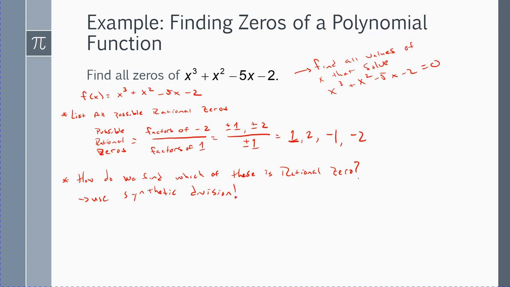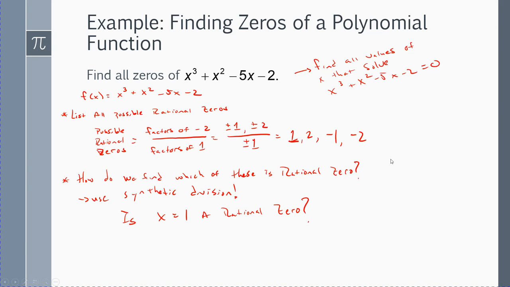So I'm actually going to start with, let me just take a number here. Let me just take 1, okay? So is x equal to 1 a rational zero? That'll be the first thing we do.